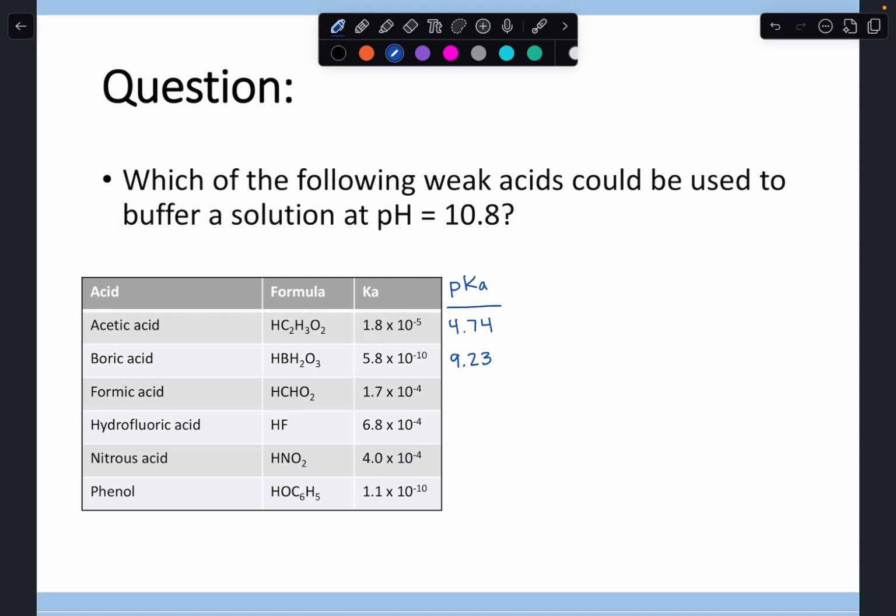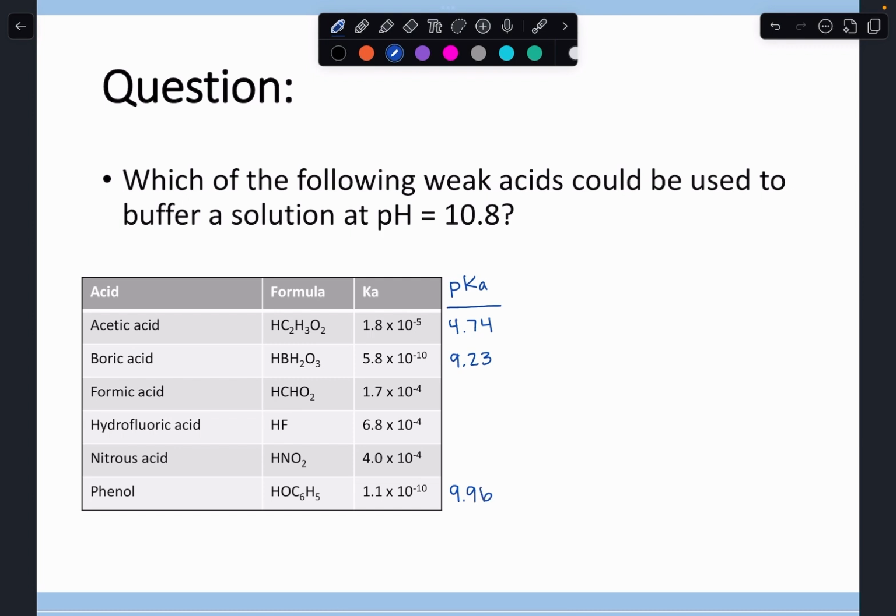Notice that the pKa is pretty similar to the exponent. So this one's 5, the pKa is almost 5. This one's 10, pKa is almost 10. This one's 4, so the pKa will be near 4. Same with hydrofluoric acid, same with nitrous acid. So let's try phenol, because I know that these pKa's are not going to be close to 10.8. You could still calculate them just to double check. But the pKa of phenol is 9.96.